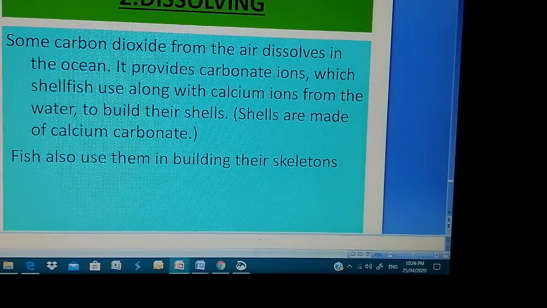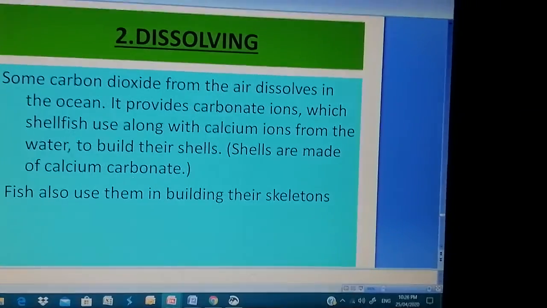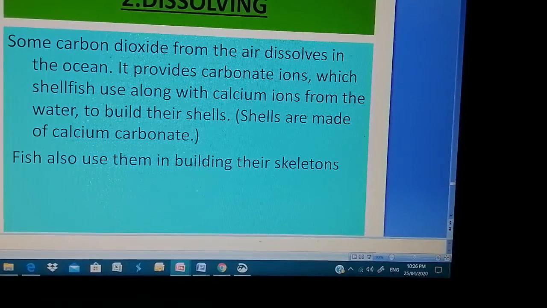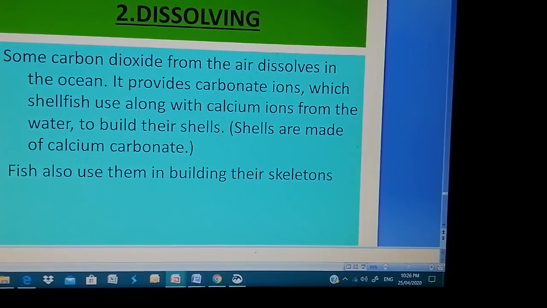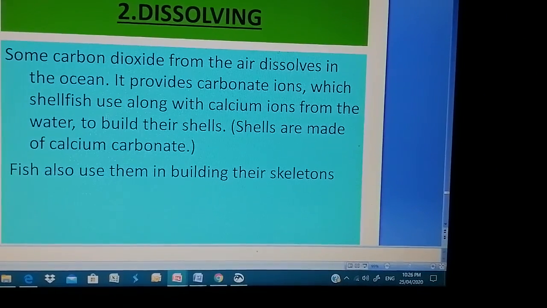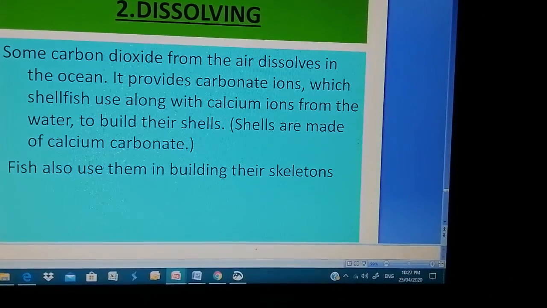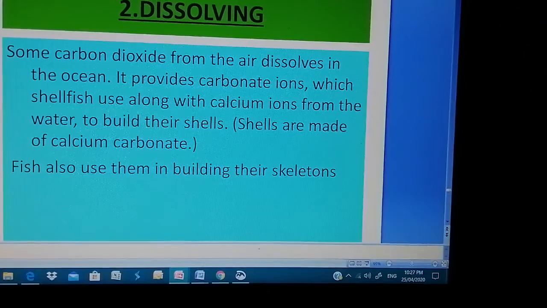Now the next process is dissolving. Some carbon dioxide from the air dissolves in oceans. It provides carbonate ions which shellfish use along with calcium ions from the water to form their shells. Shells are actually made up of calcium carbonate.